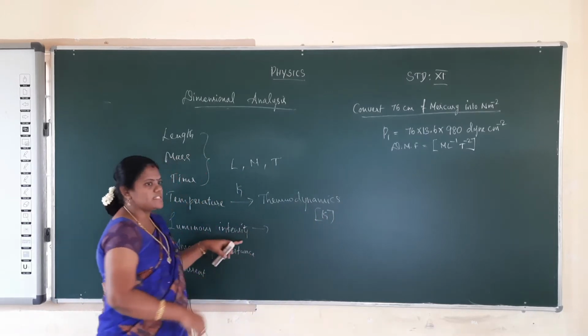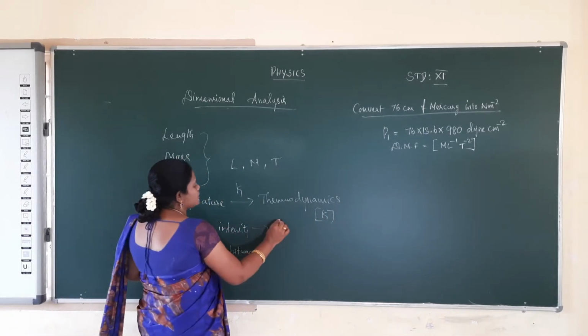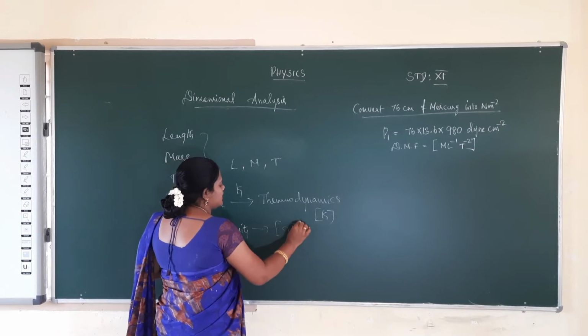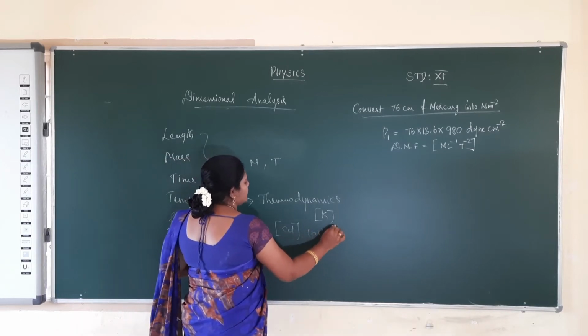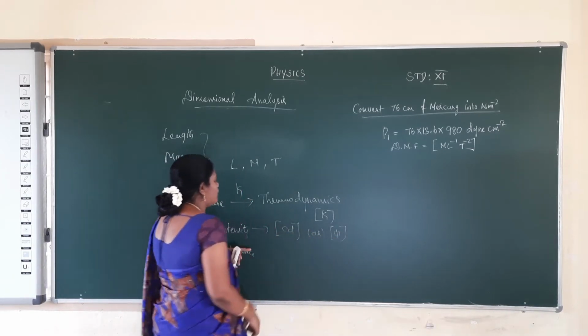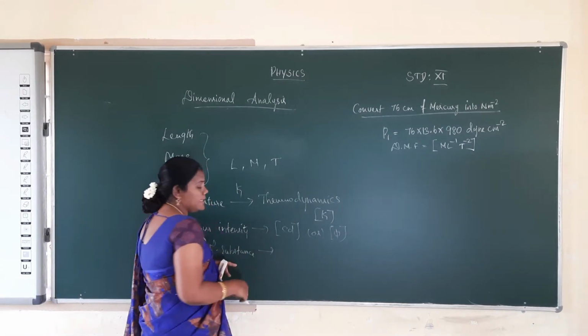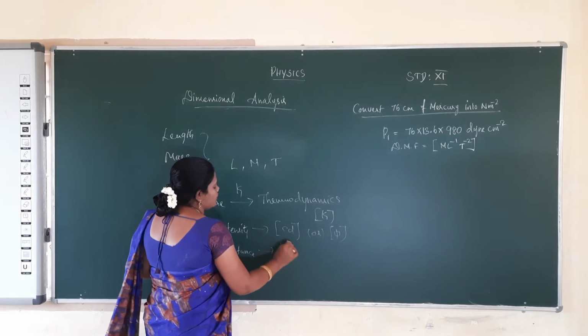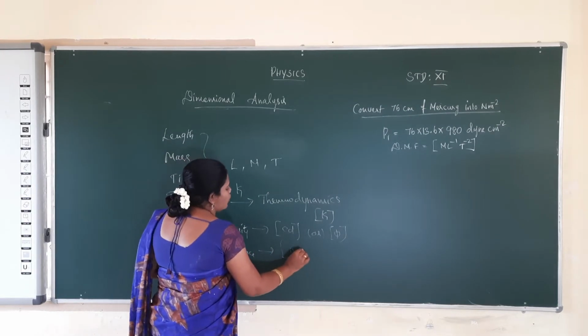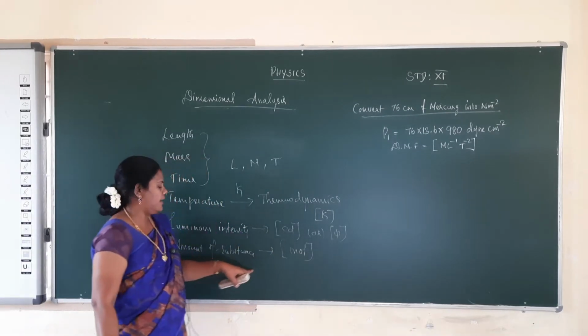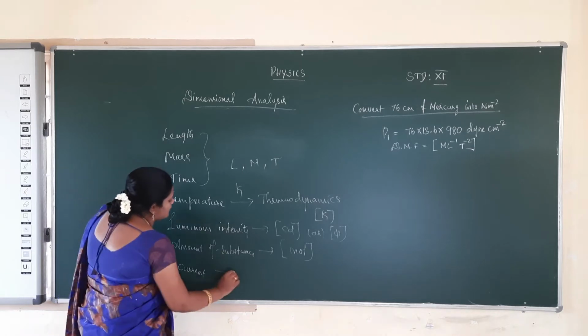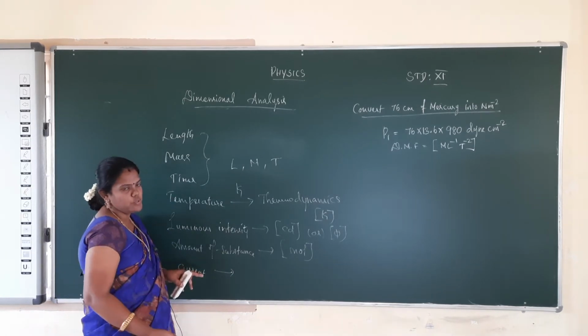And then luminous intensity: the dimension of luminous intensity is the square bracket of cd. And then amount of substance, mole. In atomic physics, the amount of substance is denoted as mole, the square bracket of mol. And then current: in the electricity branch, current is used.